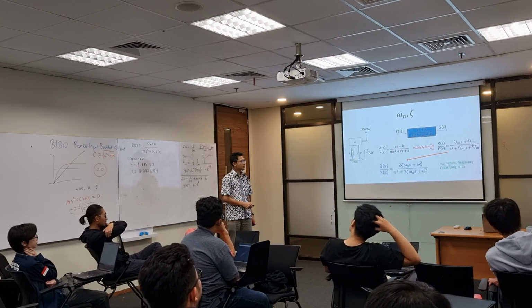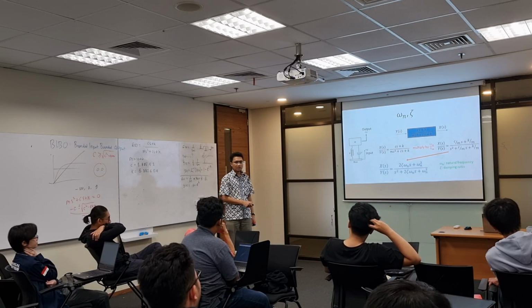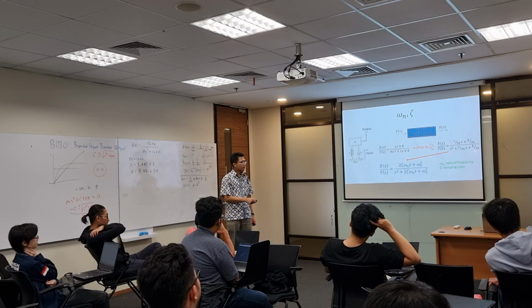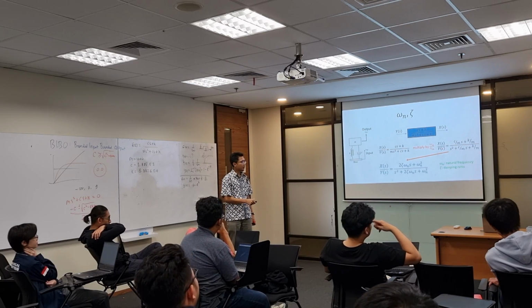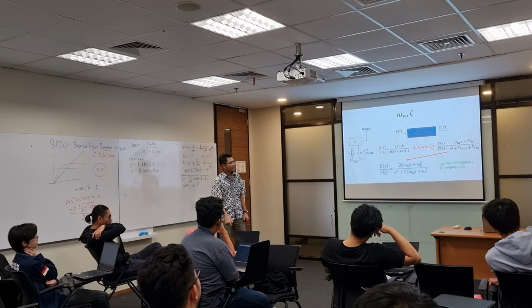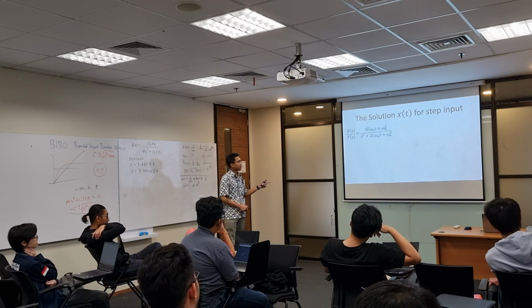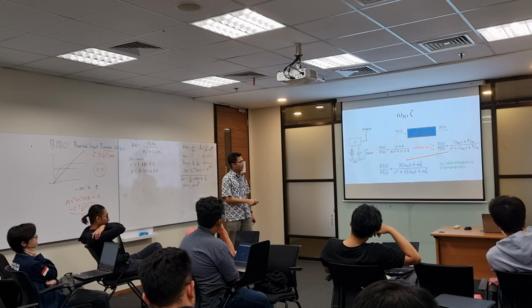So the omega n in here is what? It is the square root of k over m. And then the zeta, what is the zeta? I'll show later in the example. I will give an example where I show you what omega n and zeta are.